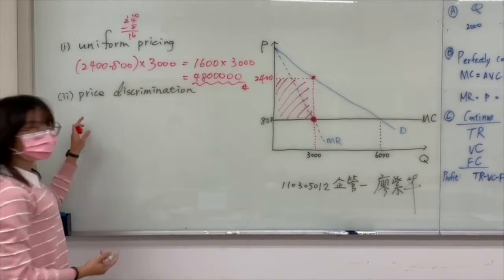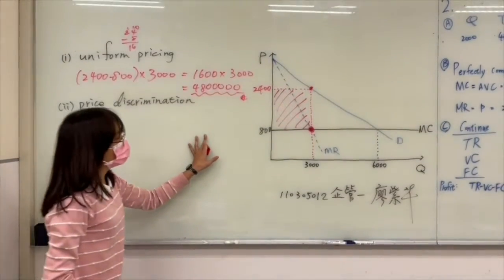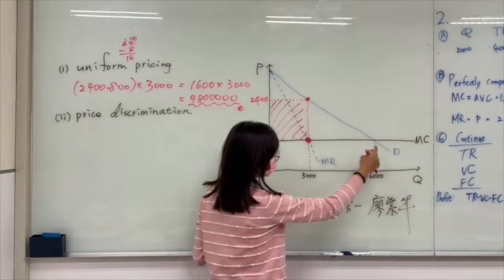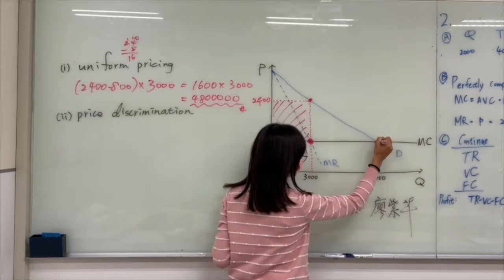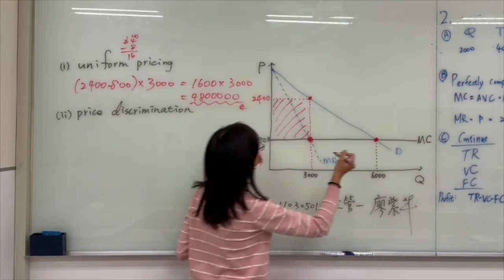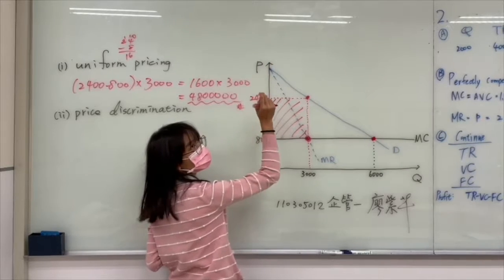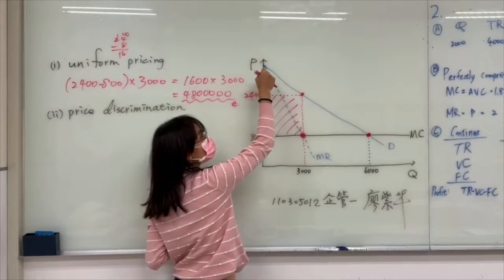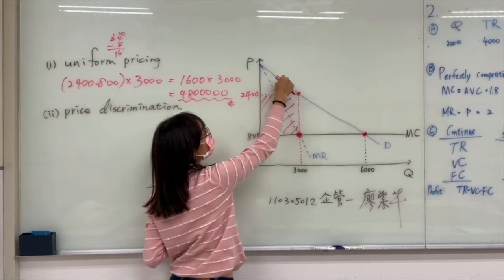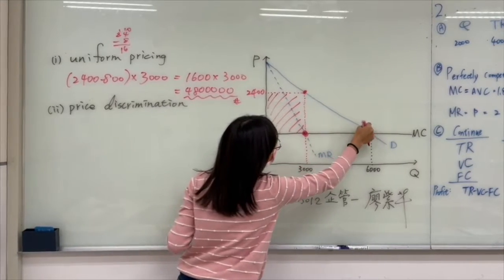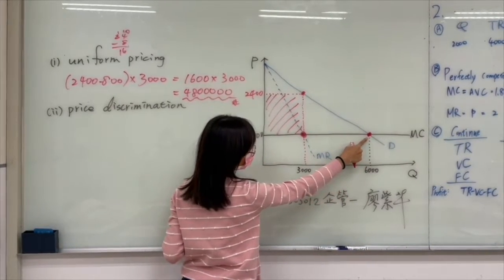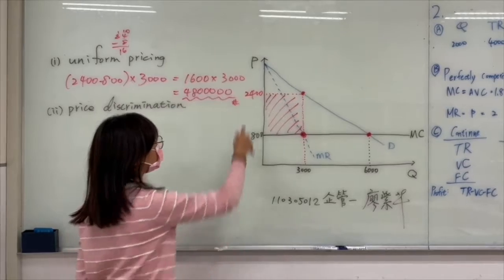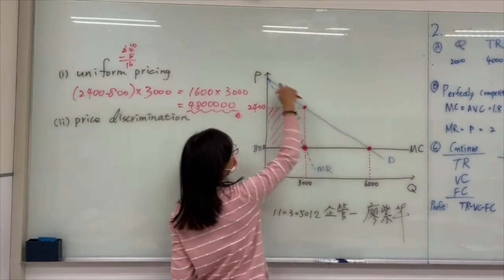For price discrimination, it will sell up to this point, because every customer will pay their willingness to pay to buy the product. So it will meet this point, and the profit is this big triangle.